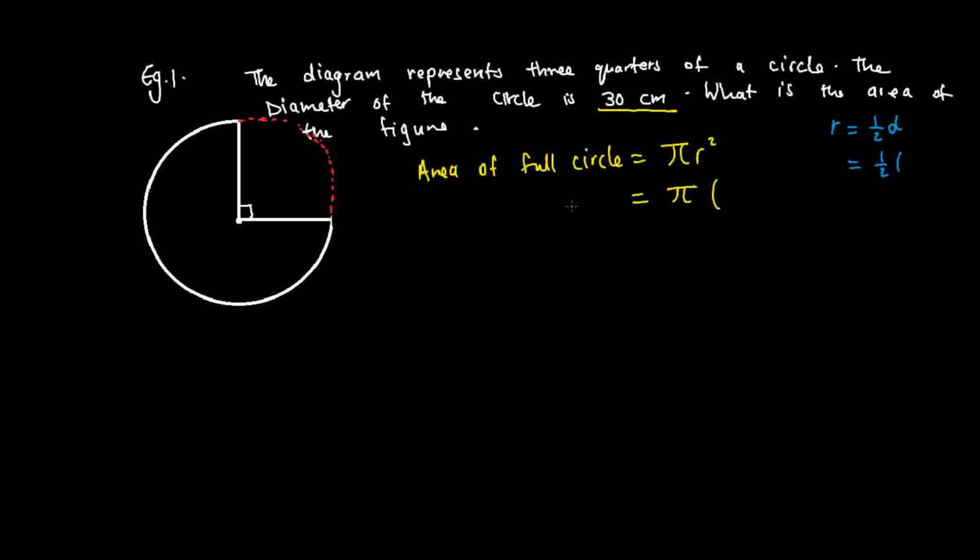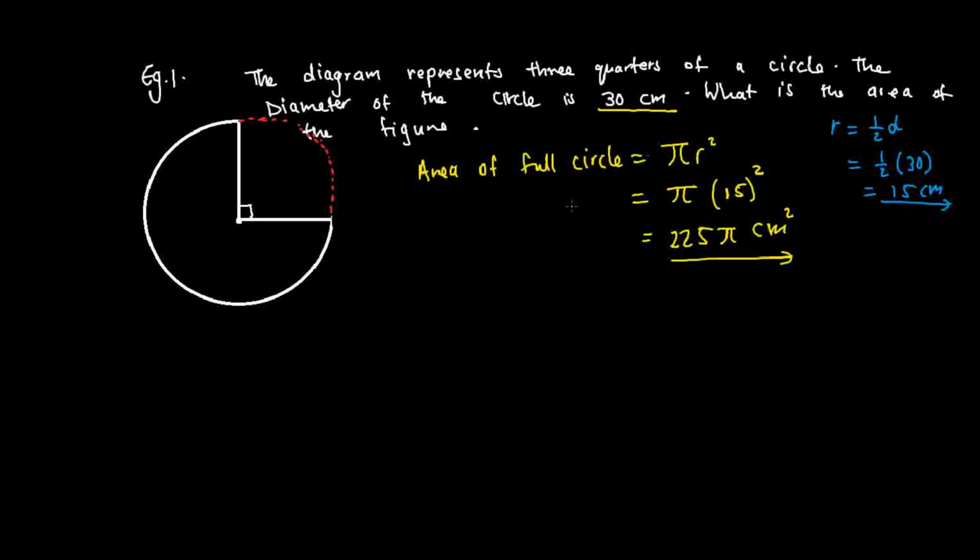So it's half of 30 centimeters, which is 15 centimeters. So I'm going to substitute 15 for r, and 15 squared is 225. So the area is 225 pi centimeters squared, because it's area. I'm not going to round off now; I can round off my final answer.